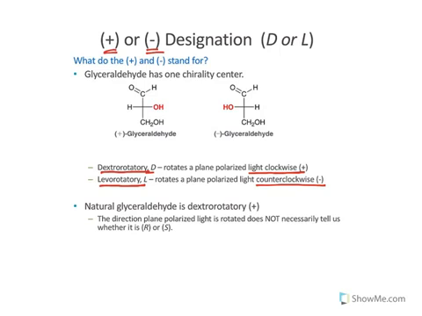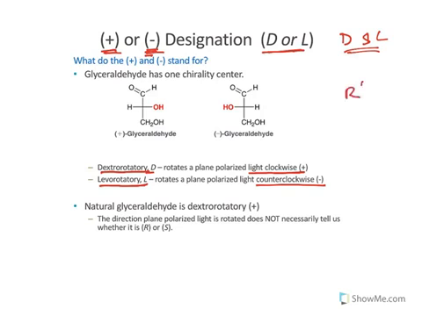So we can either use these letters D or L, but commonly we use plus or minus because this italicized D and L kind of cause a confusion with another D and L that we are going to learn later. So we are going to say that up to now there are two methods by which we can designate the configurations.